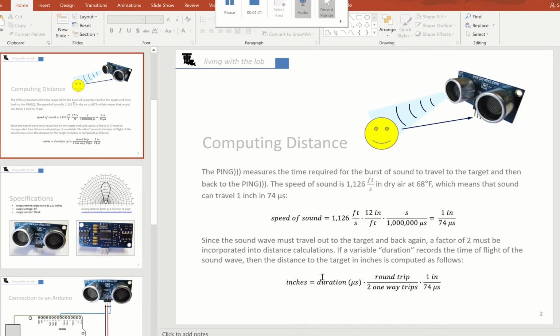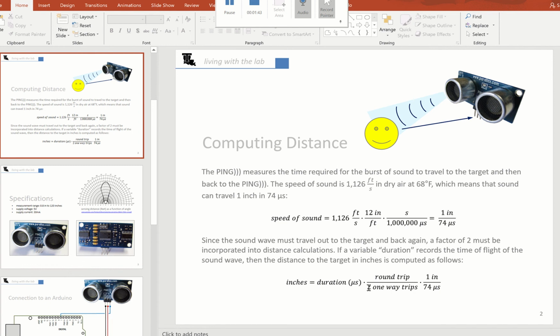So imagine this ultrasonic sensor sends a signal, it bounces off this object, and the sensor receives it. It takes some duration of time in microseconds. Since it's a round trip, going there and coming back, you just divide it by 2, right?